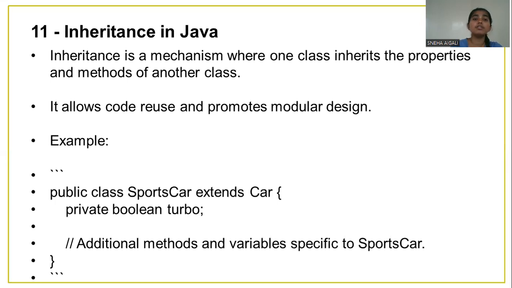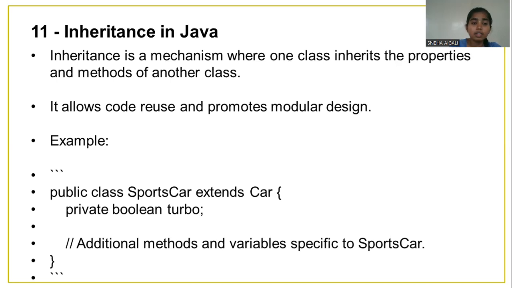Next up is the concept of inheritance in Java. What does inheritance mean? Inheritance is a mechanism where one class inherits the properties and methods of another class. That is, one class copies the details of another class. It allows code reuse and promotes modular design. Now let us understand this with an example.